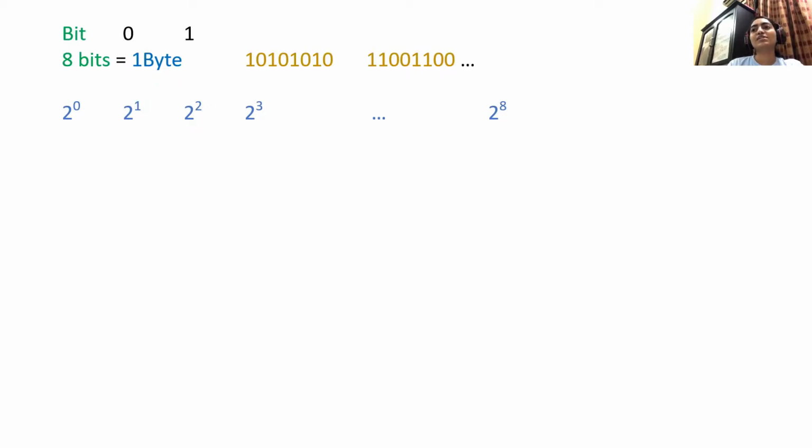So when I say that this data type is taking 4 bytes, that means that it contains 2 raised to power 32 combinations. 2 raised to power 32 combinations is a big number, that means that many numbers can be stored in the memory.